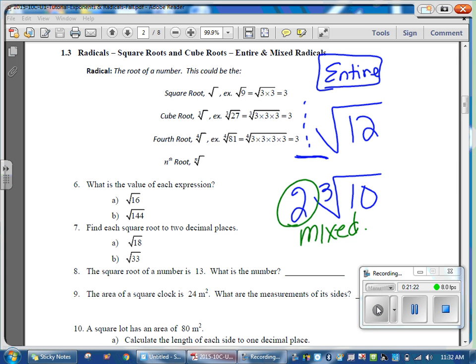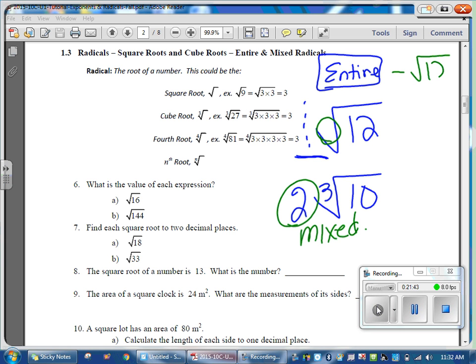All right. Now remember, we can't put negative signs under even indexes. So if I had a negative root 12, the only way I can write negative root 12 is to put my negative sign out front. All the entire digits are underneath, the radicand is here.